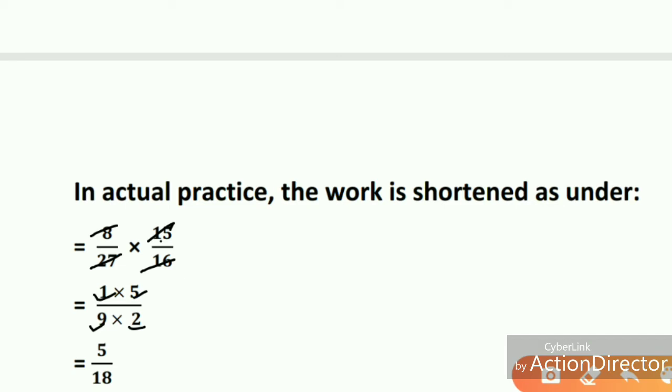So when you multiply 1 into 5 it gives the product 5, and when you multiply 9 into 2 it gives the product 18. So altogether, if you multiply 8 upon 27 by 15 upon 16, it gives the product 5 upon 18.